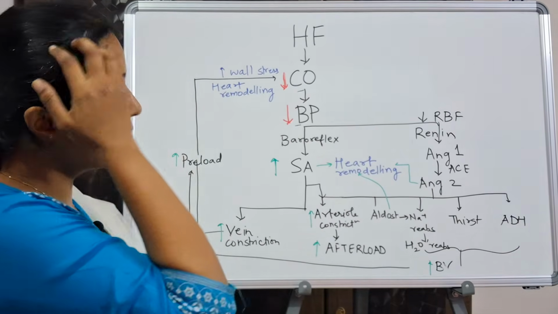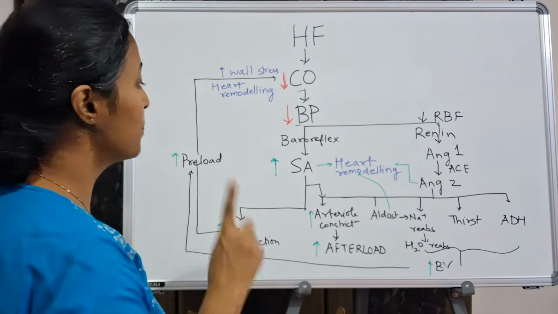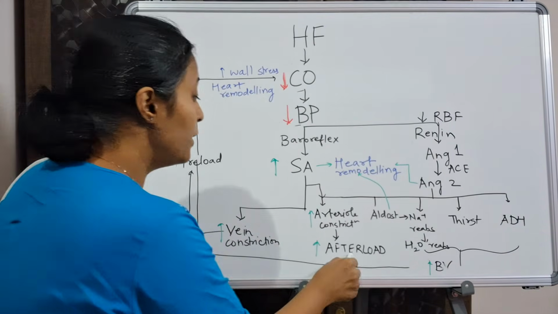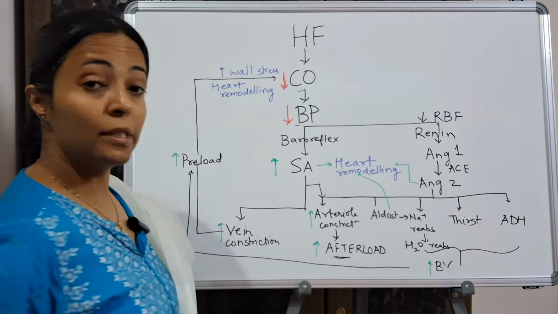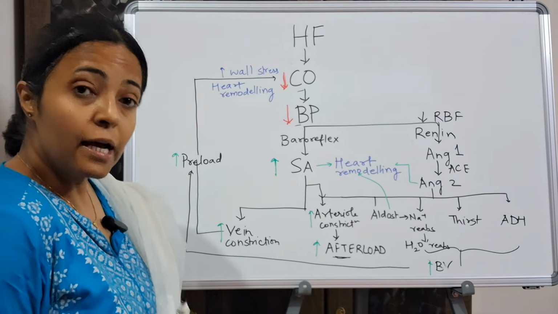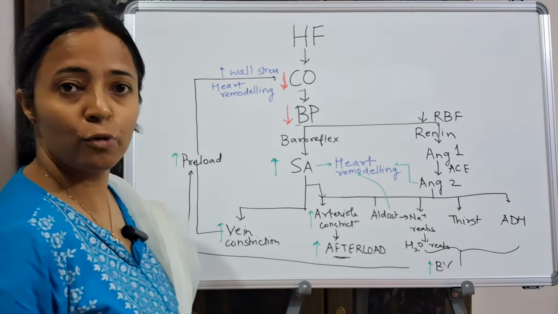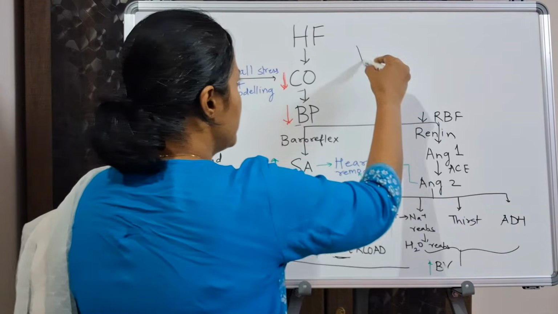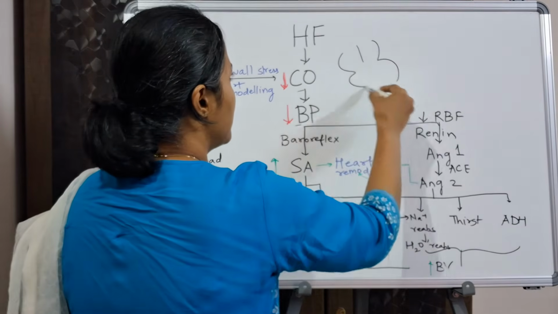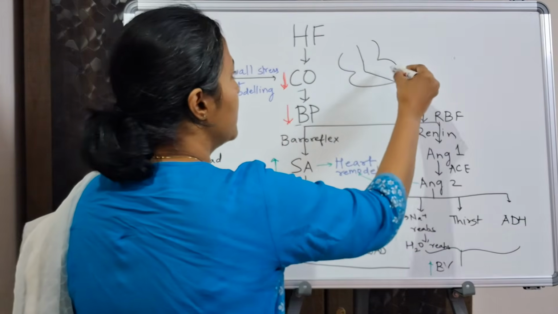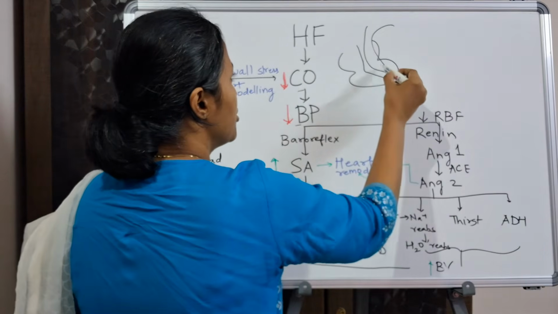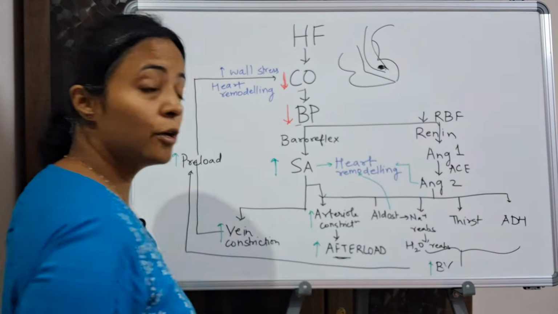Okay, so what are these that damage? How does it cause damage? First, afterload, if it increases too much, that means the heart has to pump against a very strong load. What is afterload after all? See, if this is the heart and the heart is pumping blood, afterload is the pressure which has to be overcome in the aorta.